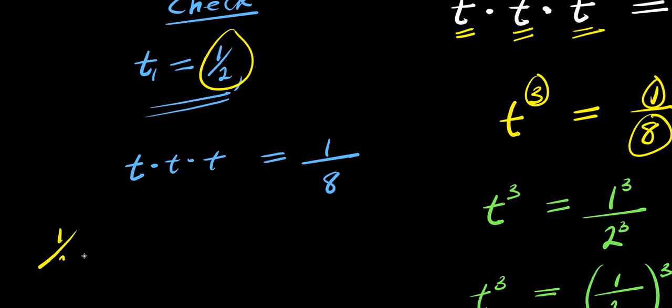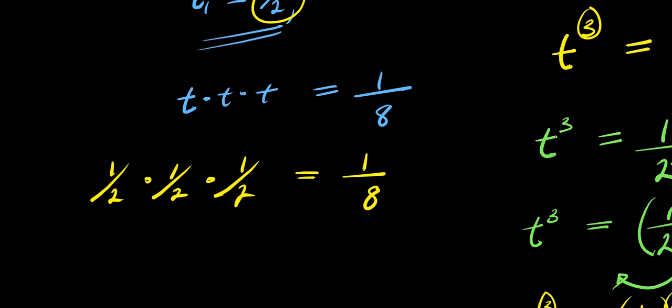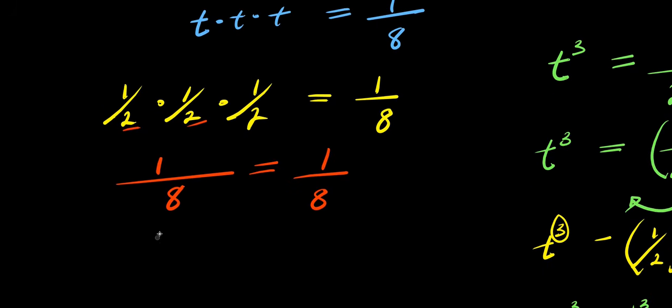We have 1 over 2 times 1 over 2 times 1 over 2, and this equals 1 over 8. So from here, you multiply the numerator, 1 times 1 times 1. That is 1 divided by 2 times 2, 4, times 2, 8. This equals 1 over 8. So the left-hand side equals the right-hand side, so that satisfies the equation.